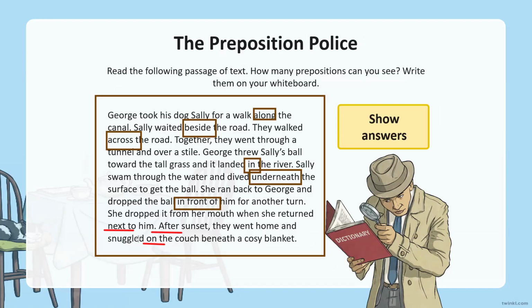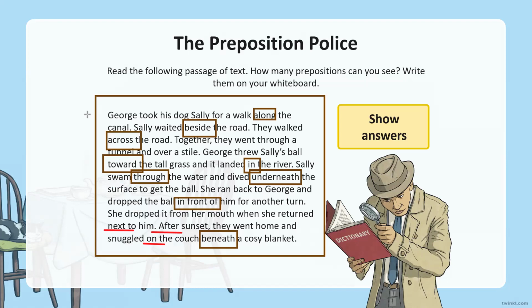Nice. Okay, and lastly, we have went. Oh, actually, went is a verb. So let's find another one. We have here through. That's also a preposition. We also have toward. That's also a preposition.